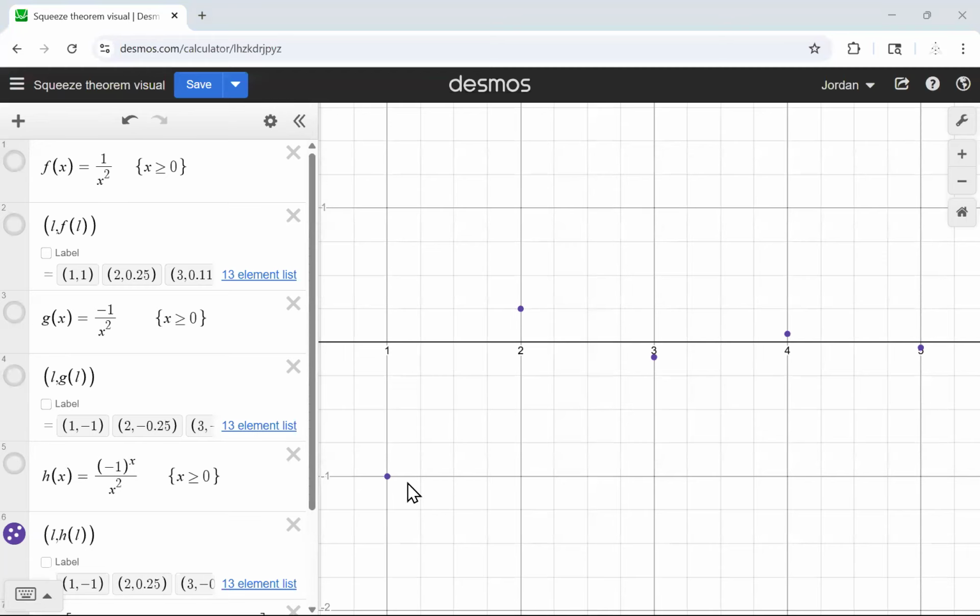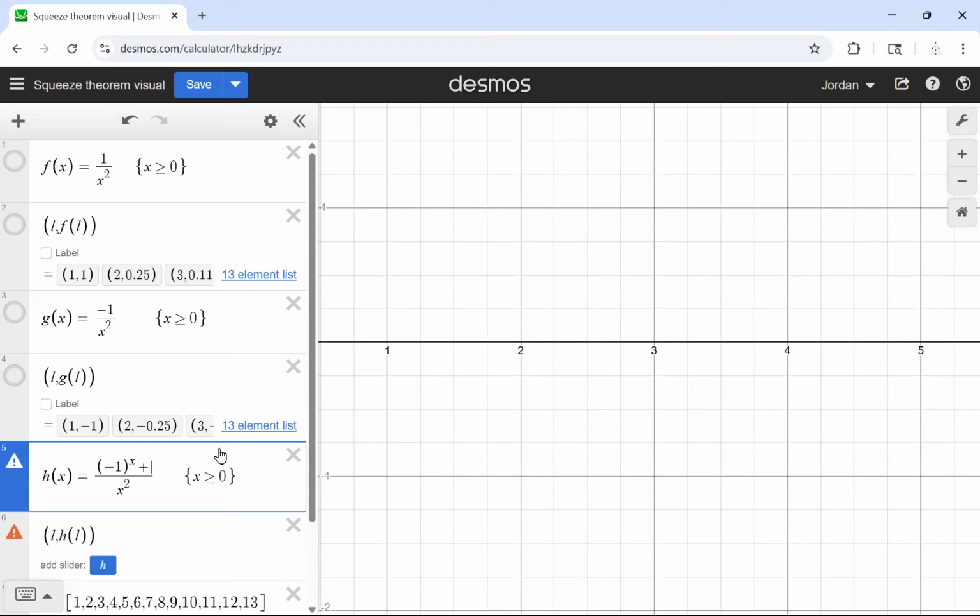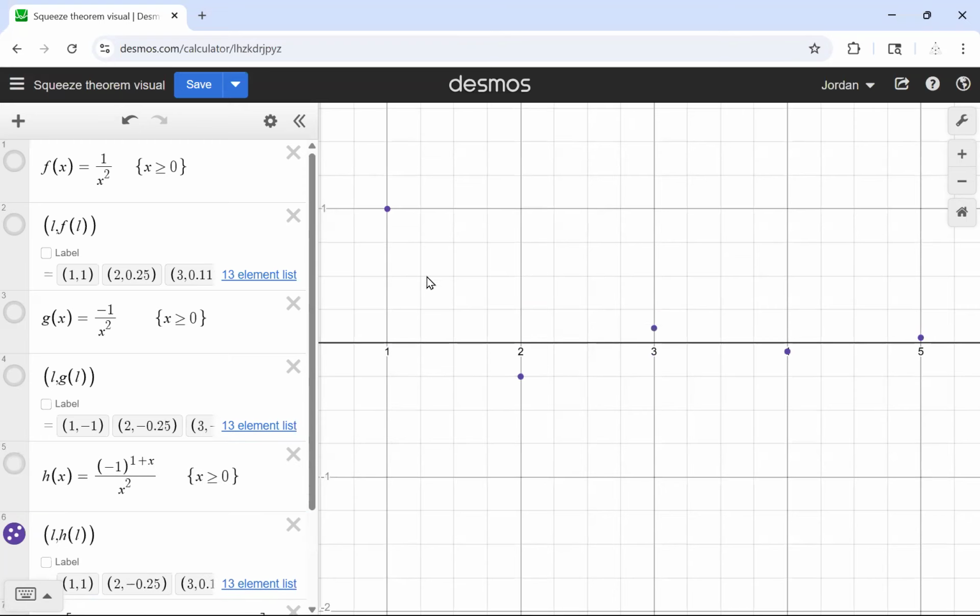So here's the visualization. What you see here are all these points. When I plugged in, oh, I misdid this. So let me change that. There we go. So what you see is all these points, and the y values are giving you the sequence that I just looked at.